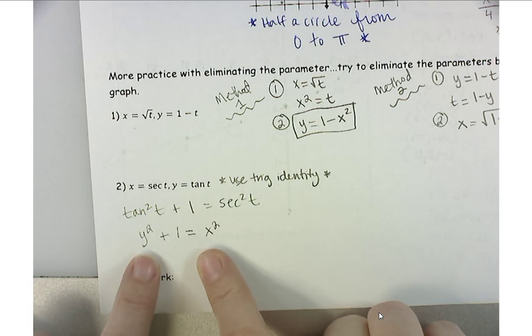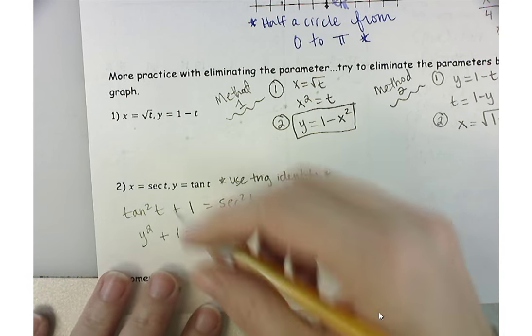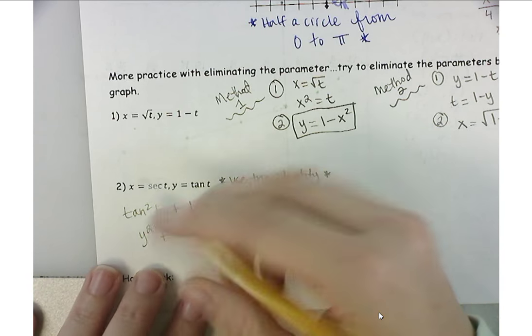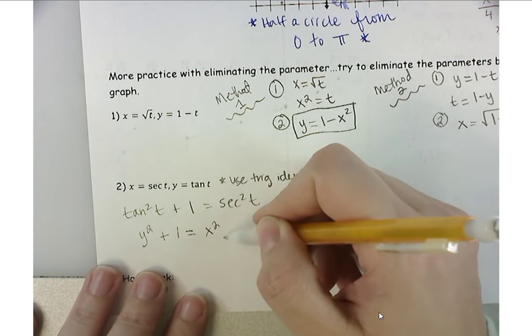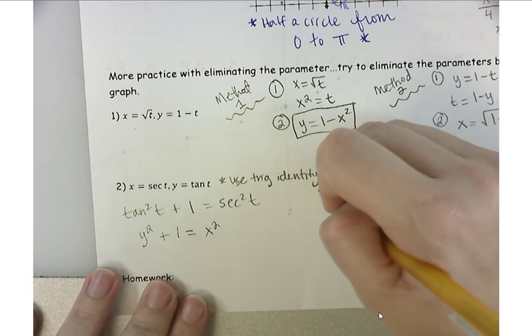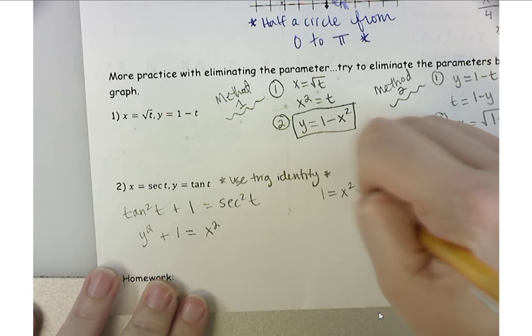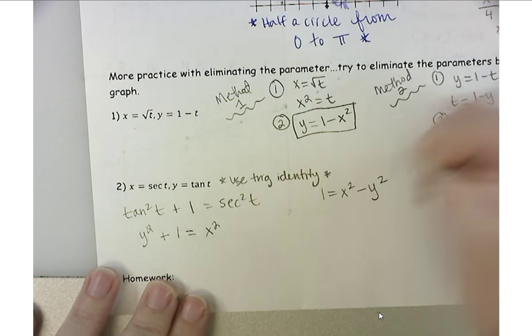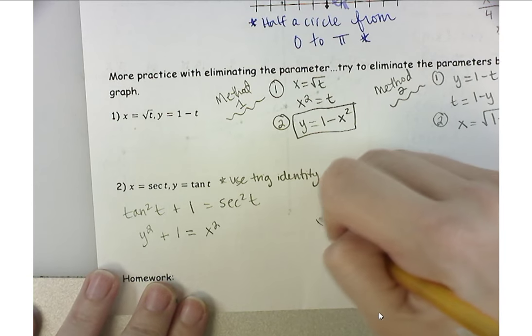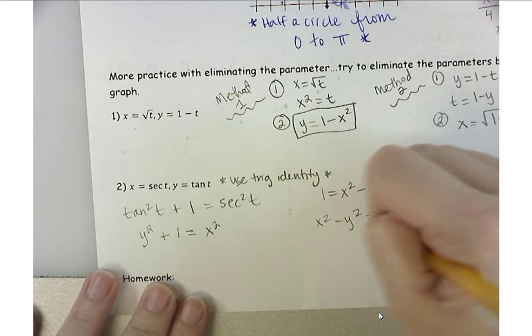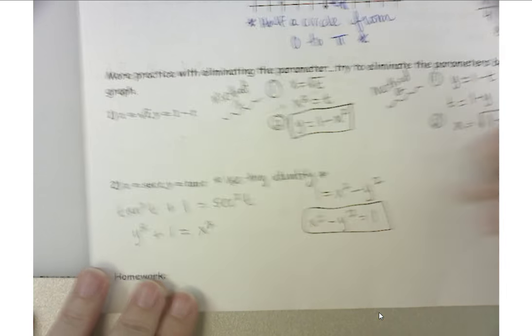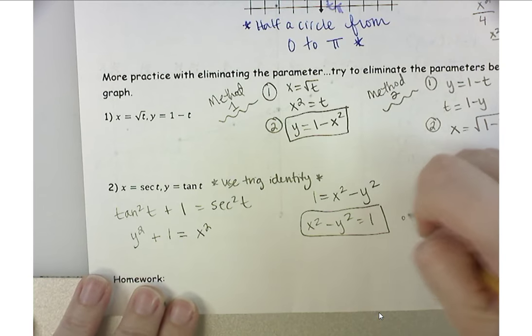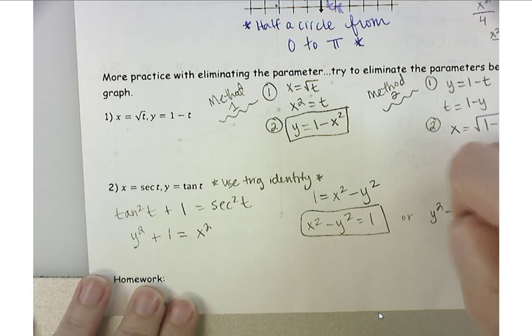Remember how those were both squared, so those would both be on the same side? Okay, so you could subtract y squared from both sides, and you'd have 1 equals x squared minus y squared. Or x squared minus y squared equals 1. Or some of you have y squared minus x squared equals negative 1. Yeah, that would be fine too.